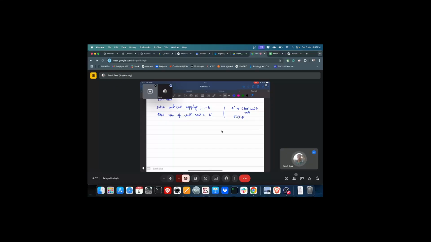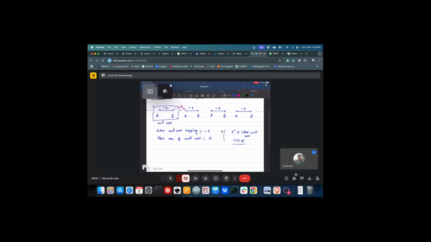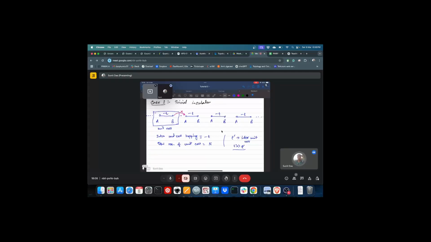For analytical tractability and more intuition from this kind of model, you can just think that the intra unit cell hopping parameter T is much larger than the inter unit cell hopping. While this doesn't represent an actual scenario, where T is finite and T prime is absolutely 0, in this limit we can find realistic models where this limit is valid.